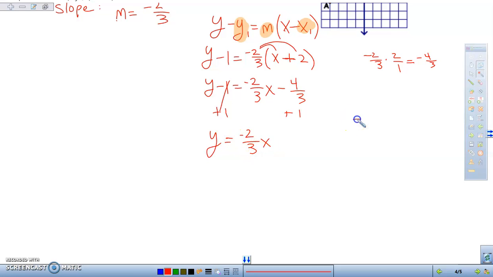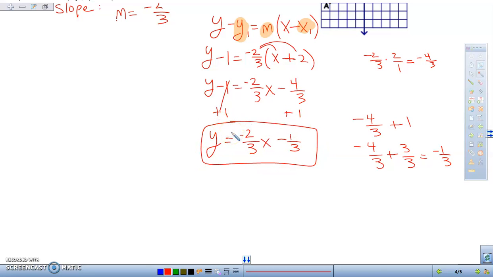I'm going to do some side work. What's -4/3 plus 1? Well, to add fractions, I need a common denominator, so I'll add 3/3. And -4/3 plus 3/3 is -1/3. So when I added 1 to -4/3, I got -1/3.